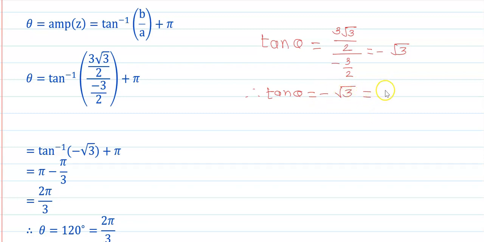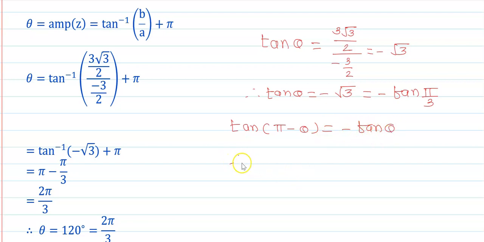And this is nothing but root 3 means tan of pi by 3. Again, by using the formula. What is that formula? Tan of pi minus theta is equal to minus tan of theta.